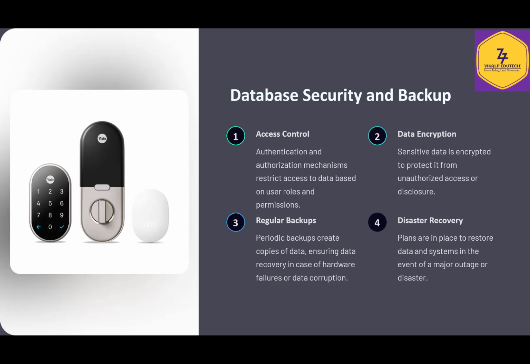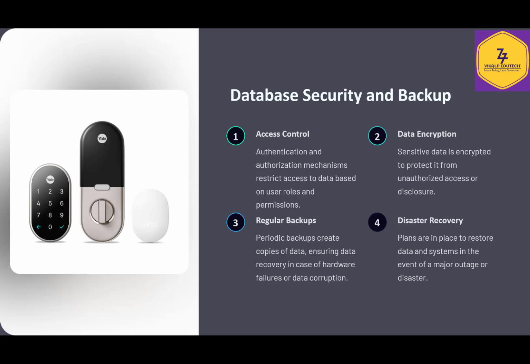As mentioned earlier, securing the data is very important. Thus, certain measures need to be taken to ensure there is no security breach. First is access control. Authentication and authorization mechanisms restrict access to data based on user roles and permissions. This ensures that unauthorized users don't get access to the database. Next is data encryption.